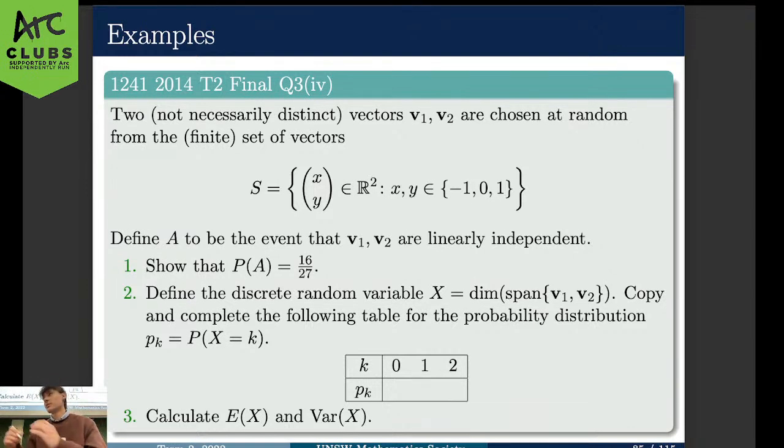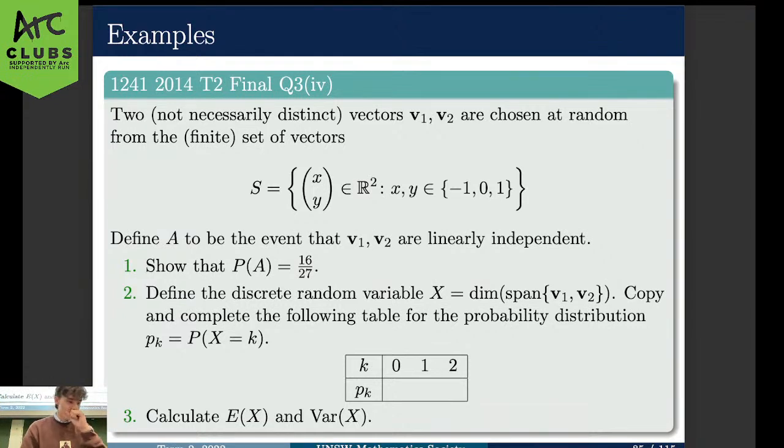So remember our definition of linear independence. That's just saying that in this case, the vectors that we choose won't be scalar multiples of each other. So now the first part is to find the probability that, given we pick two random vectors from this set, they are linearly independent.